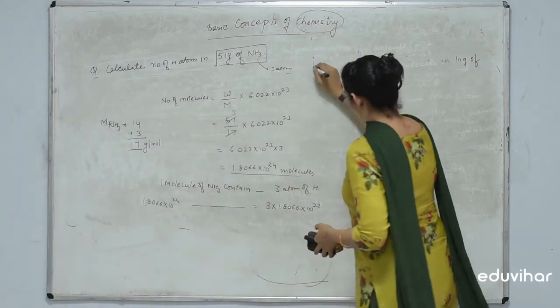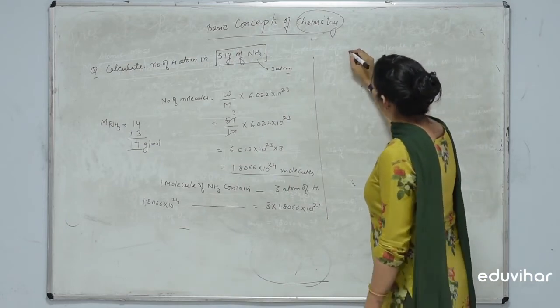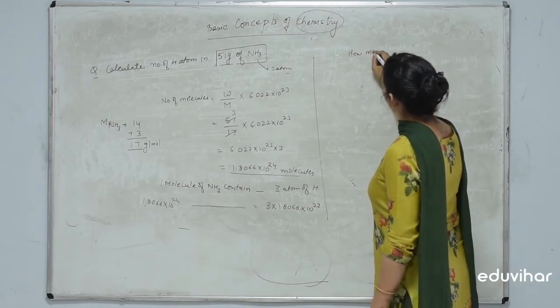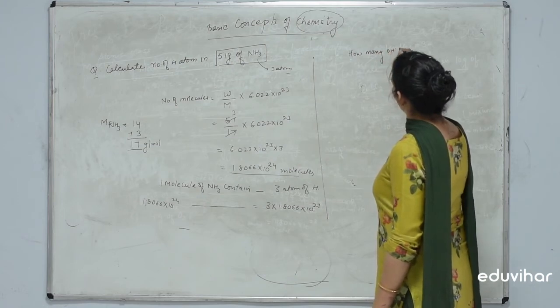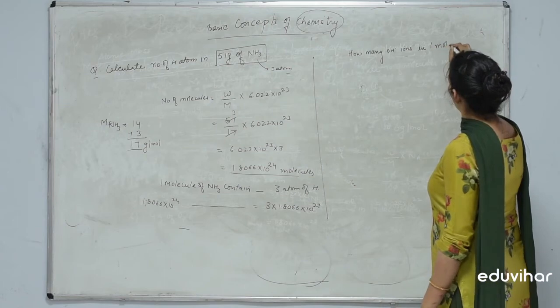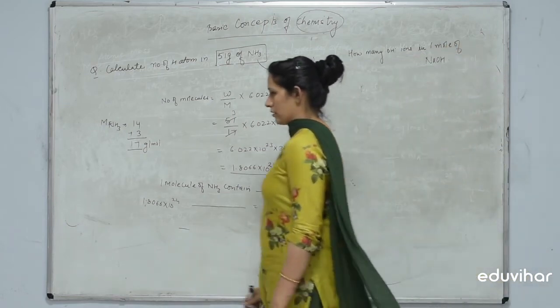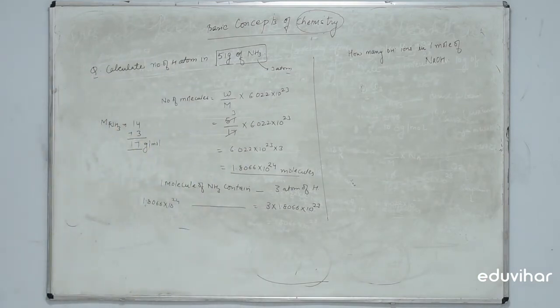Okay. One more example. How many OH negative ions are present in 1 mole of NaOH?